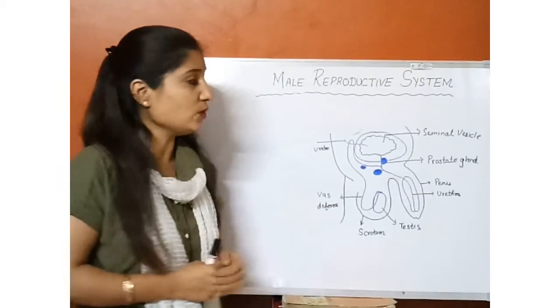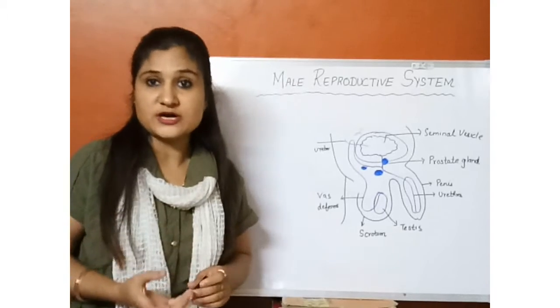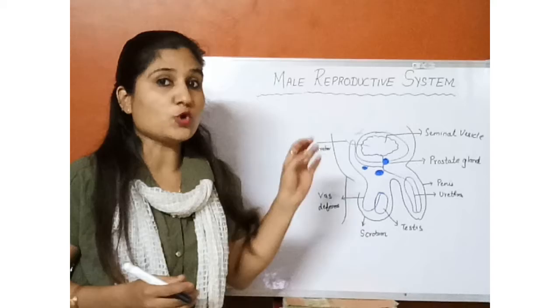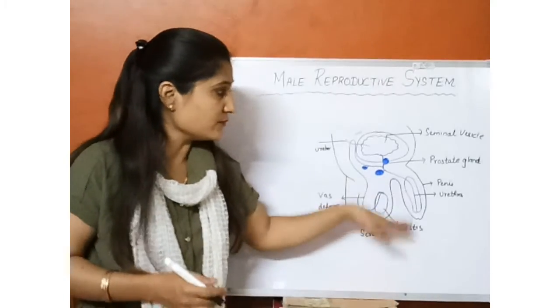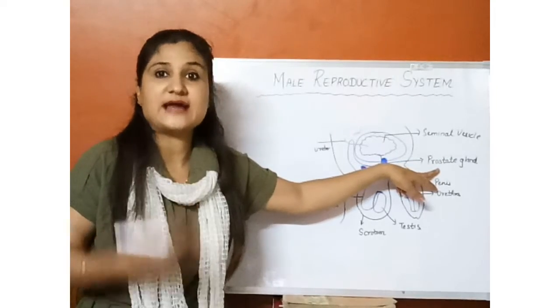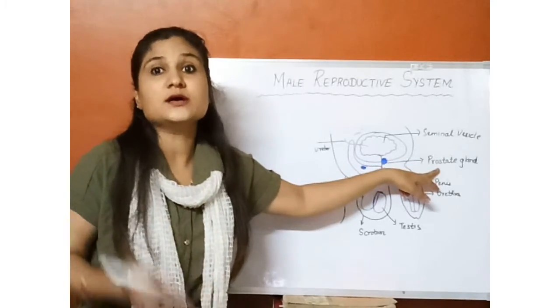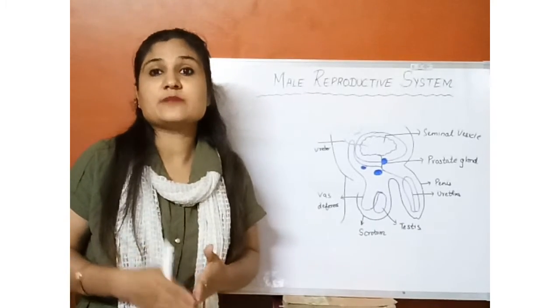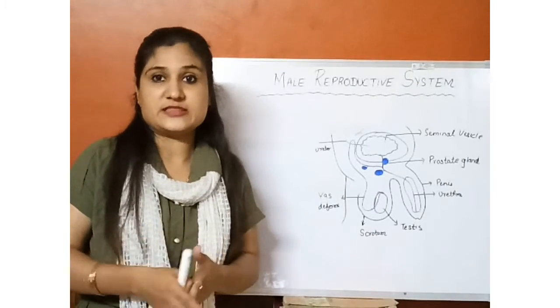What is that role? They release a mucus which helps in the movement of the sperm, and it also gives nutrition to the sperm. So the seminal vesicle and the prostate gland provide the mucus to the sperm so that it becomes motile and moves easily.